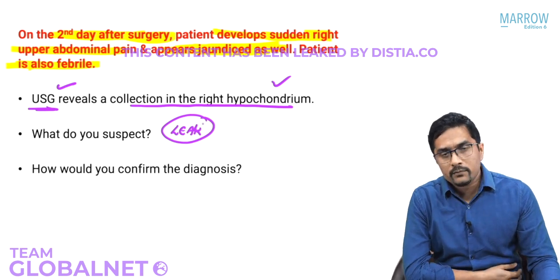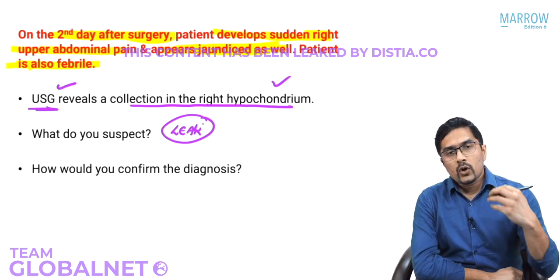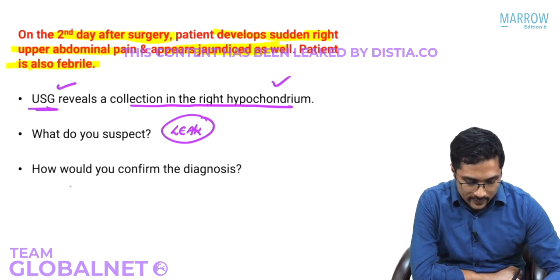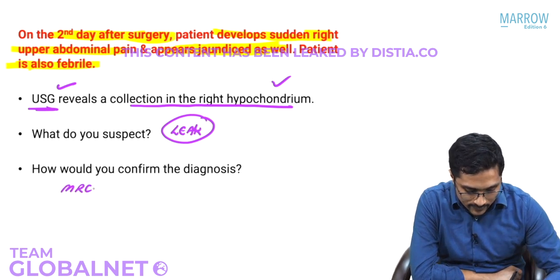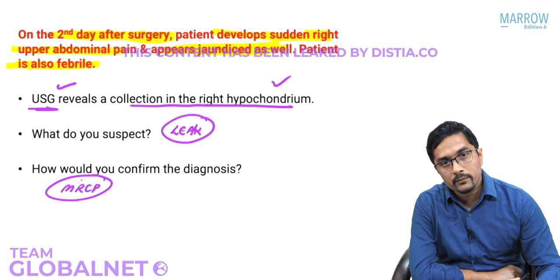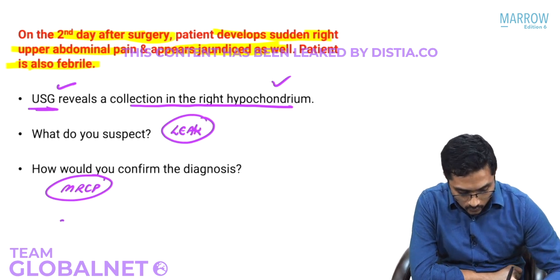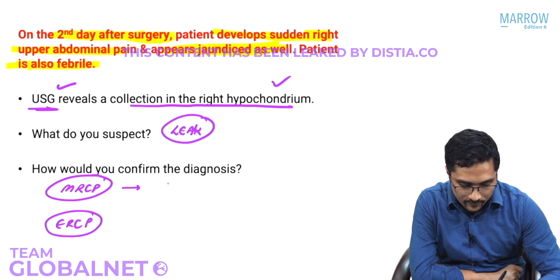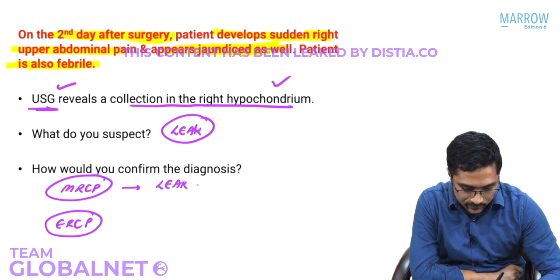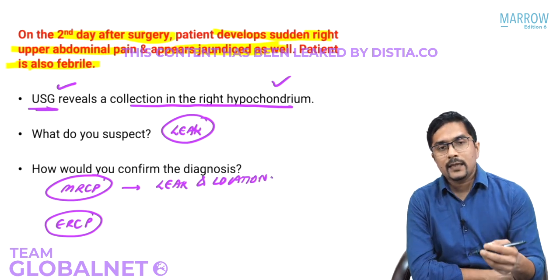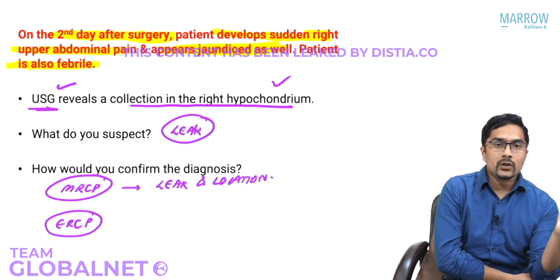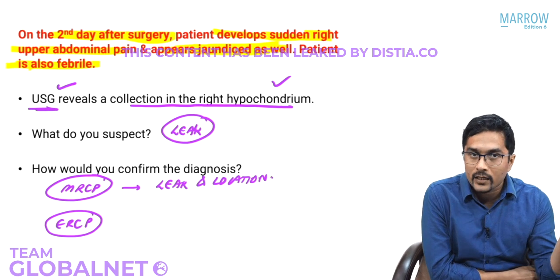How would you confirm the diagnosis? Normally speaking, we would do an MRCP to confirm the diagnosis or an ERCP. Now MRCP will tell us about the leak and location, but MRCP is magnetic resonance cholangiopancreatography.